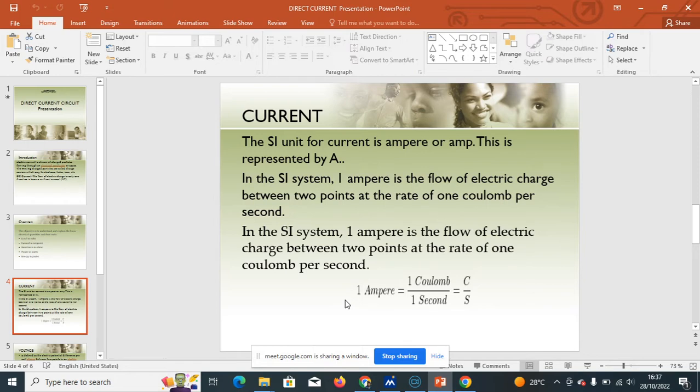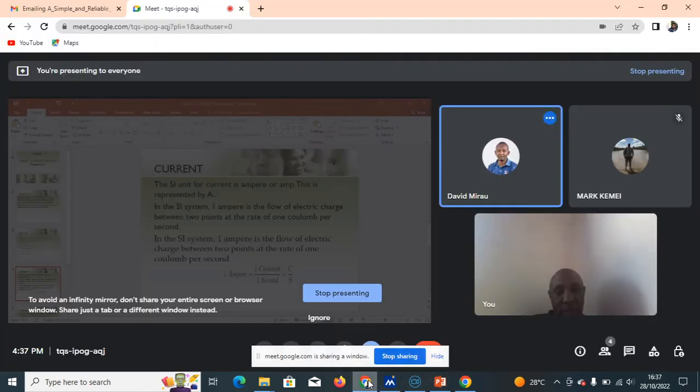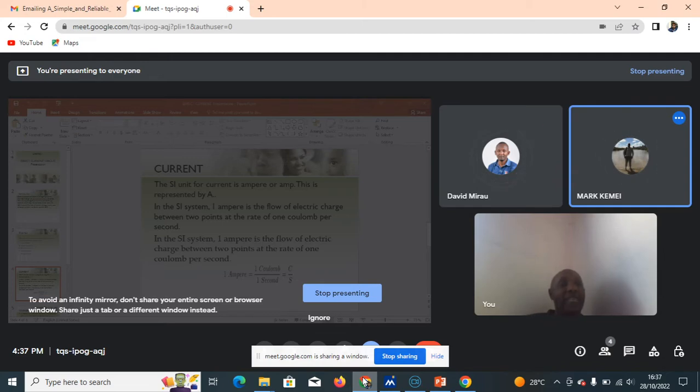Now, what is the SI unit for current? The SI unit for current, I stands for what? Amperes. Very good.